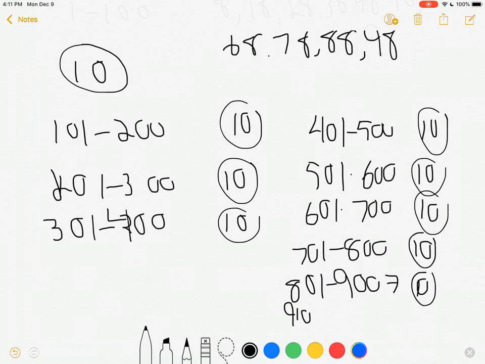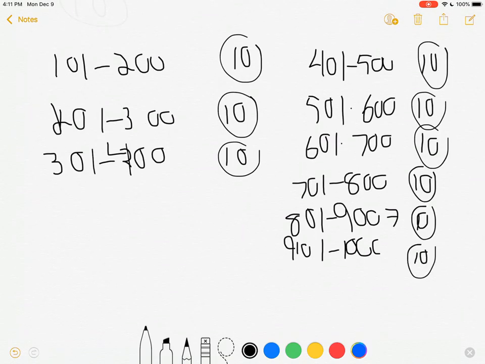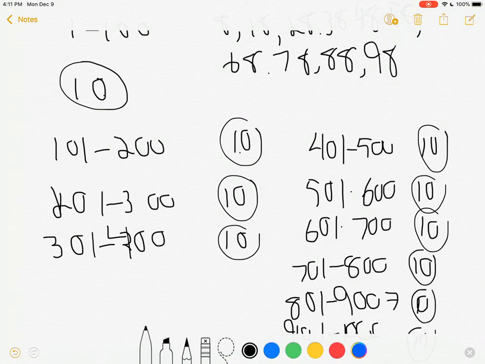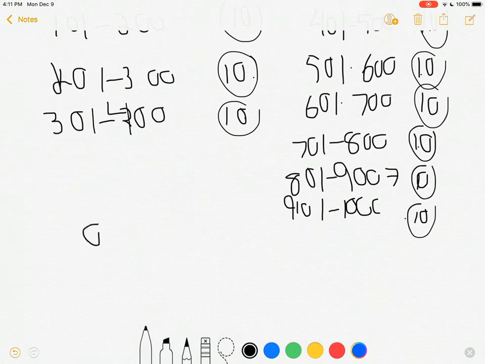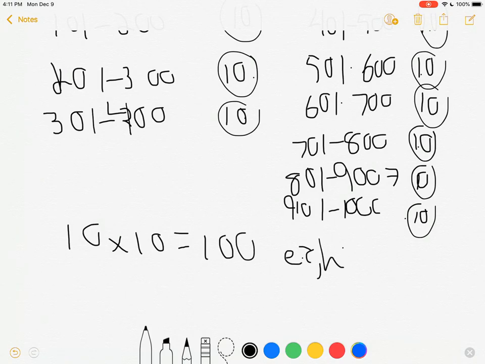Until finally from 901 to 1000, there'll be 10 more again. That is 1, 2, 3, 4, 5, 6, 7, 8, 9, 10 groups of 10. So 10 times 10 is 100. There are 100 8s in the ones place.